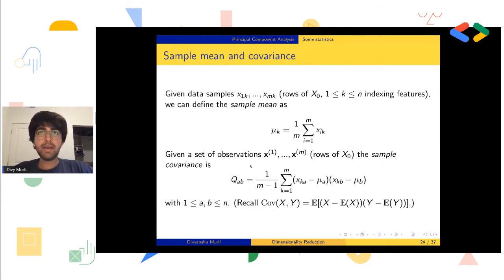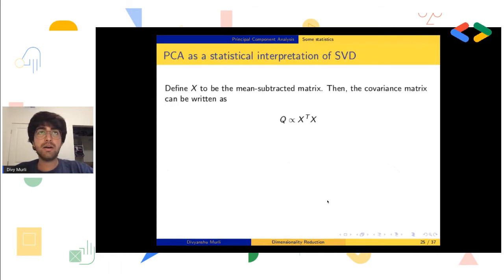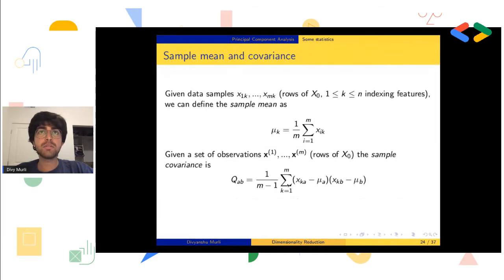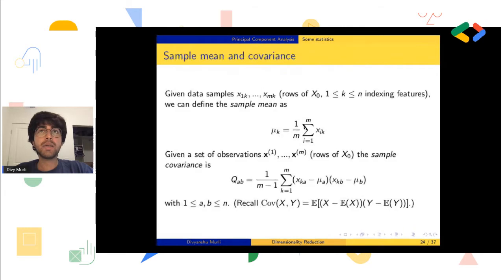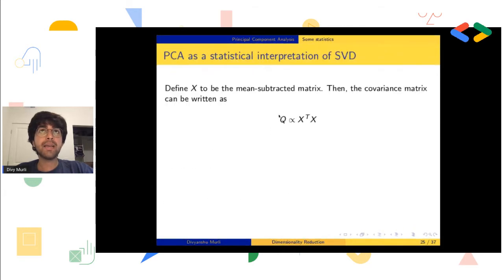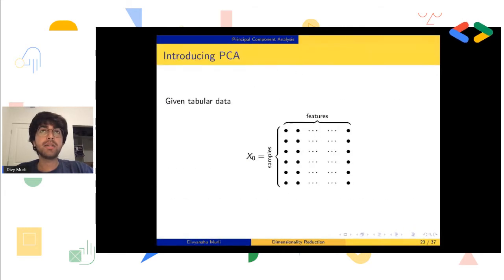I've written this in terms of matrix elements, but I can rewrite it in terms of the original x. I'm defining x here. Remember I said x naught is our original data. The means are the means computed for each column: the column 1 mean, column 2 mean, etc. So it's the mean of feature 1, the mean of feature 2, all the way to the mean of feature n.